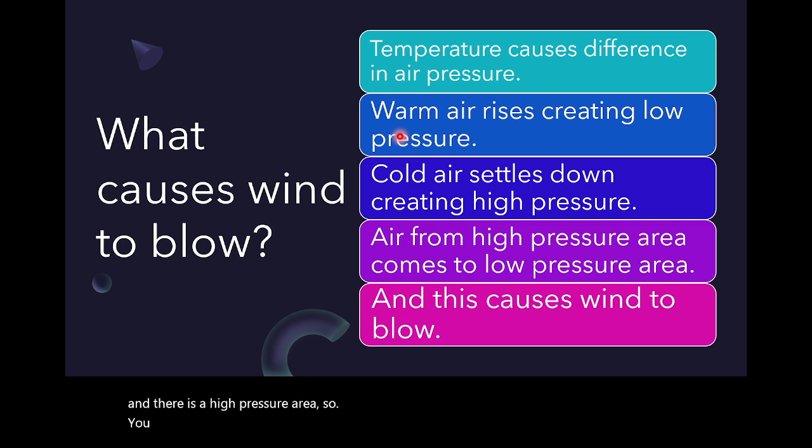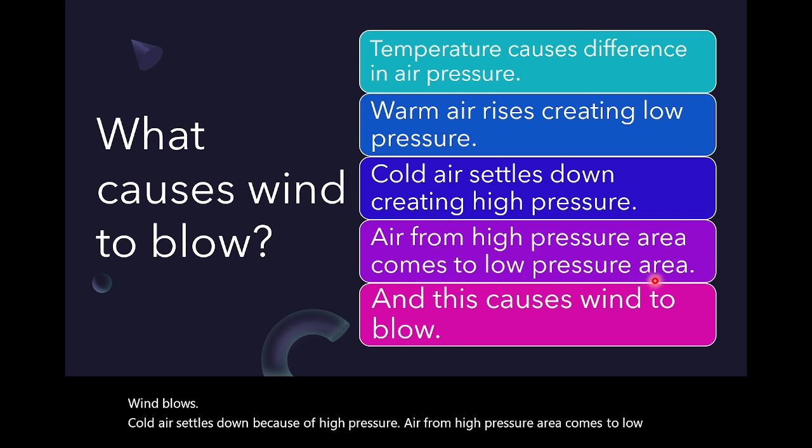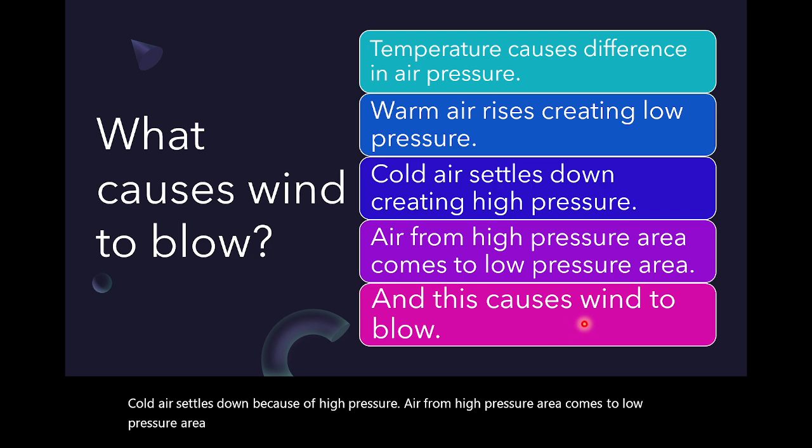Because of the low pressure area, cold air comes into that area to fill it, and because of this, the wind moves, wind blows. Cold air settles down because of high pressure, and air from the high pressure area comes to the low pressure area. See, this causes wind to blow.